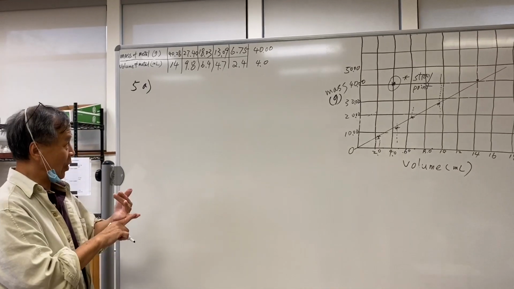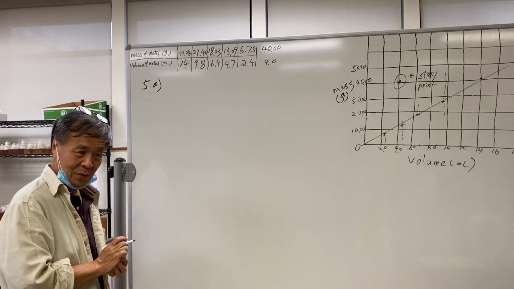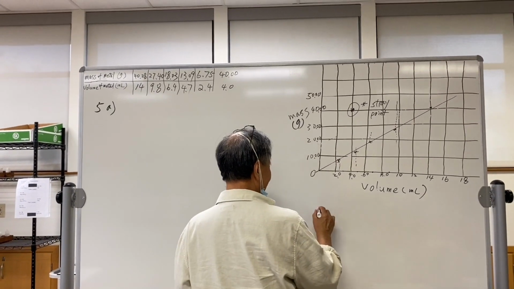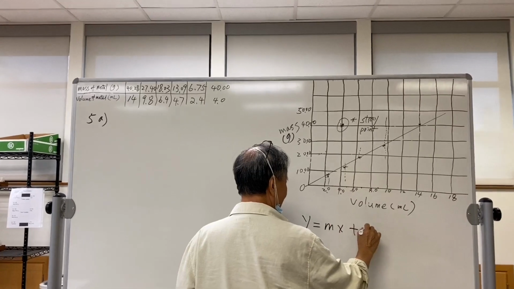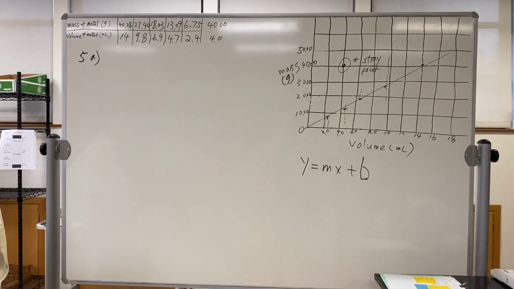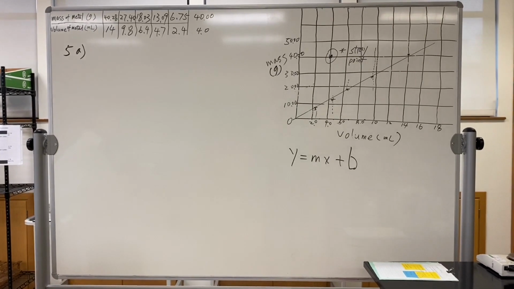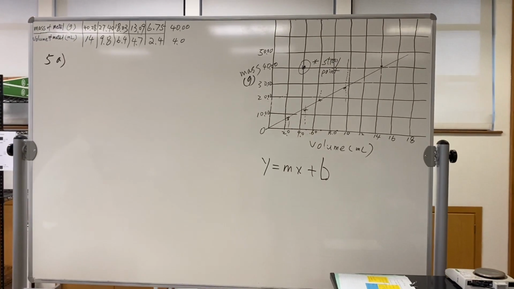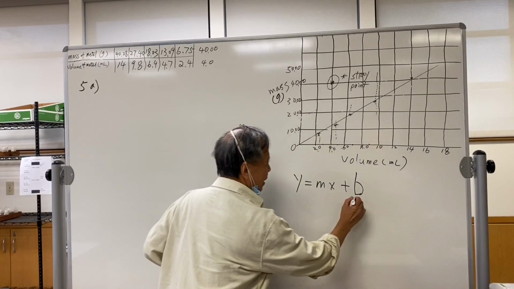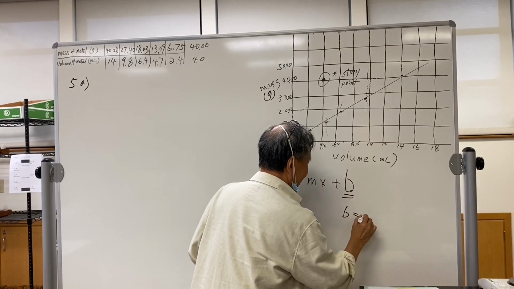One is so-called linear. Second, it's directly proportional. They both have exactly the same general mathematical expression, except that for directly proportional, the b is 0.